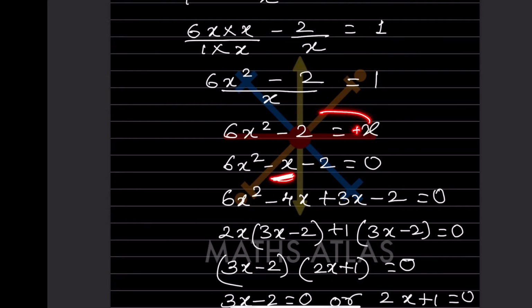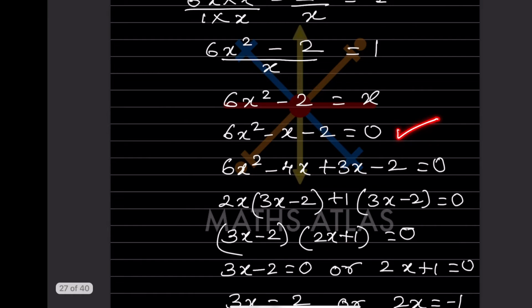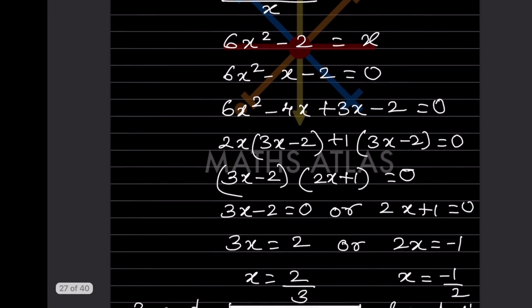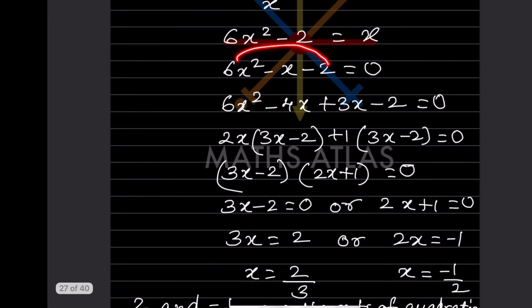We are going to take it in the middle because we want ax square plus bx, and the constant will be at the last. Now this is in the standard form. So now we will do it the normal way. We will take the factors of 12, but now we want minus 1. So 2 6s are 12, 2 3s are 6, and 3 1s are 3.